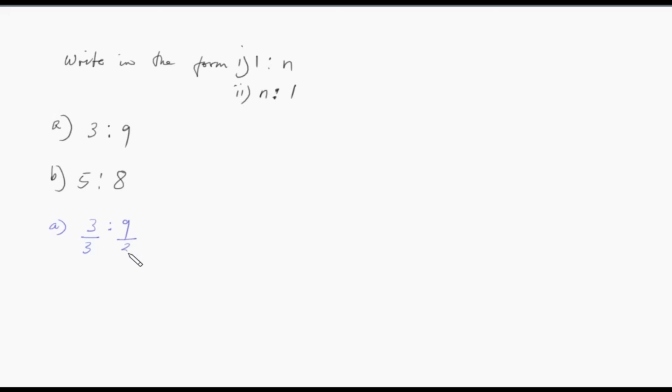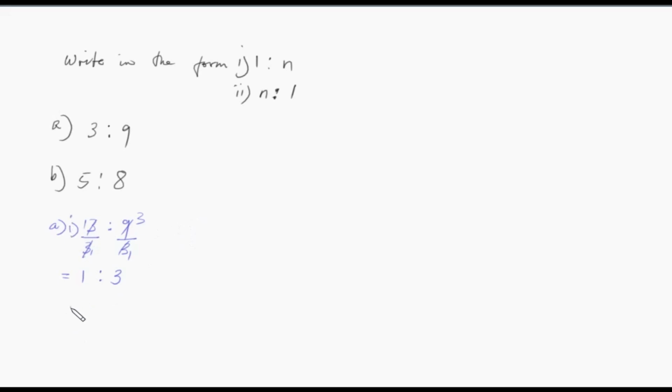Then divide by 3 on the other side to balance. So 3 in here goes once, in here it goes 3 times. So simply what you have here is 1 is to 3. Ta-da! You thought it were difficult. No, it is not difficult.